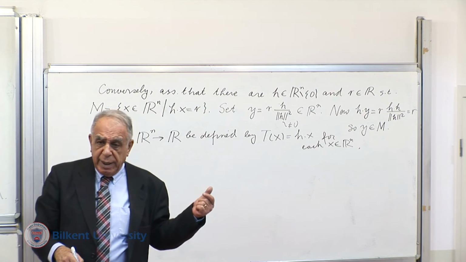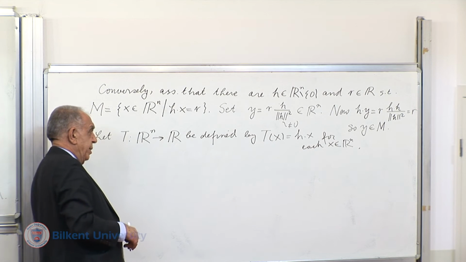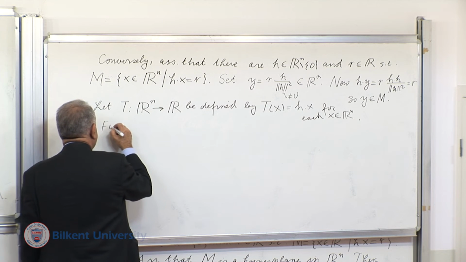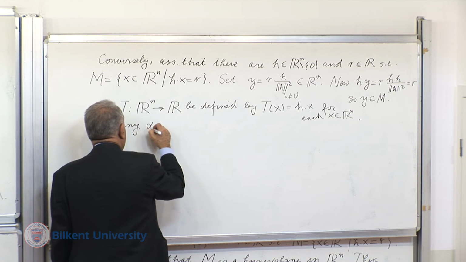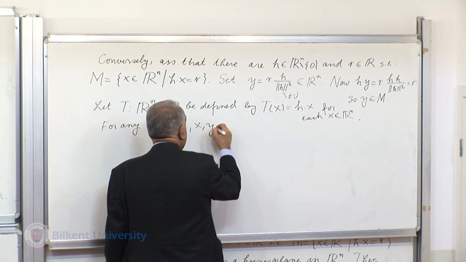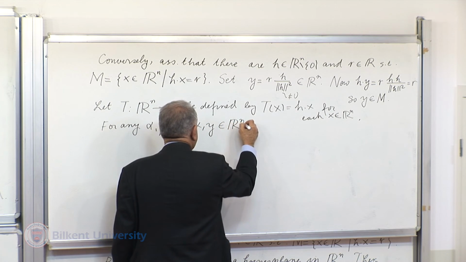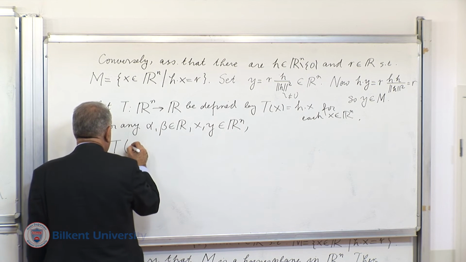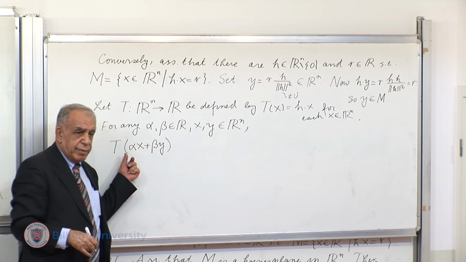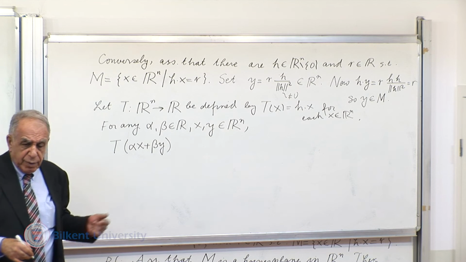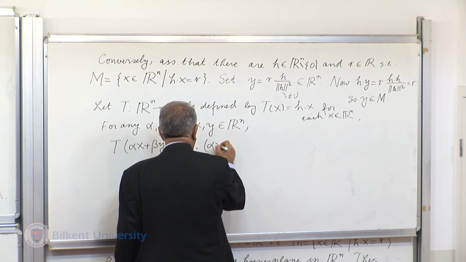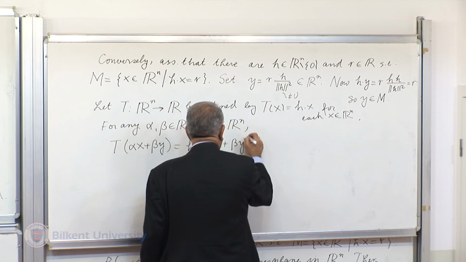Will this be a linear map? Now clearly so, but let's just check for any alpha, beta in R, x, y in Rn. Let us consider T of alpha x plus beta y. This should be equal to alpha Tx plus beta Ty for T to be linear. But what's the definition? This is equal to h dot alpha x plus beta y.